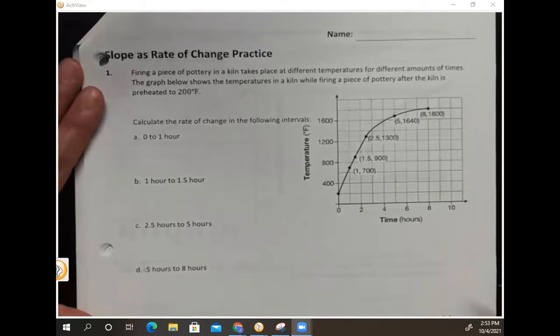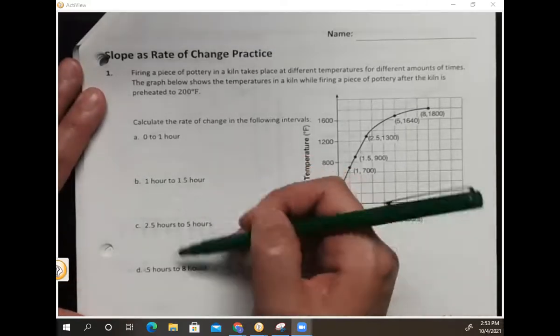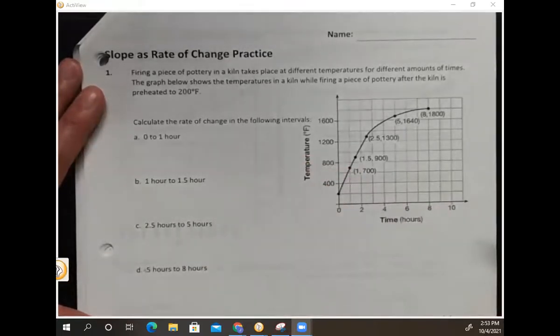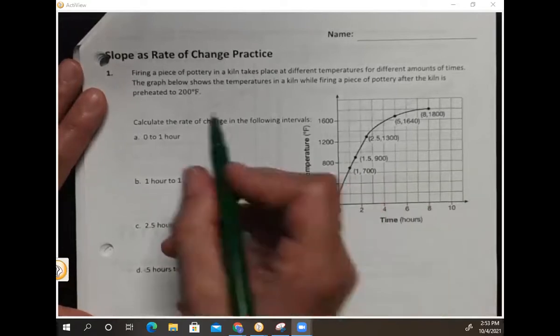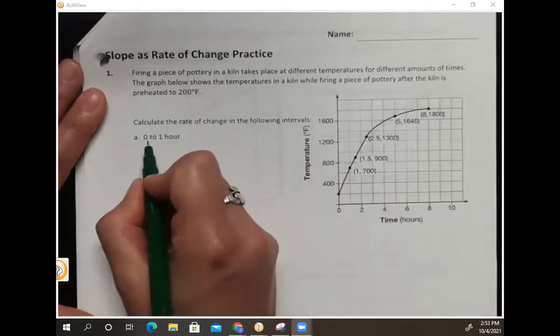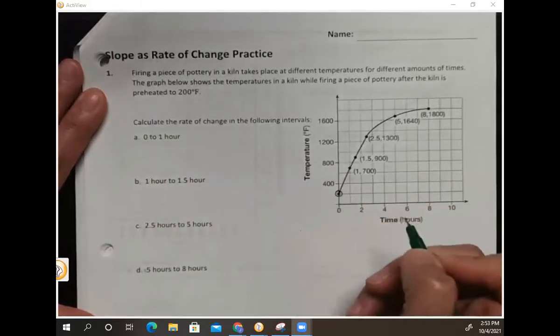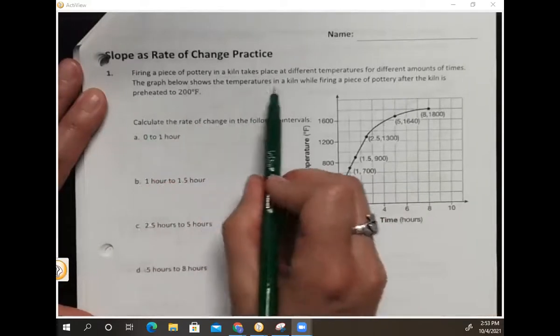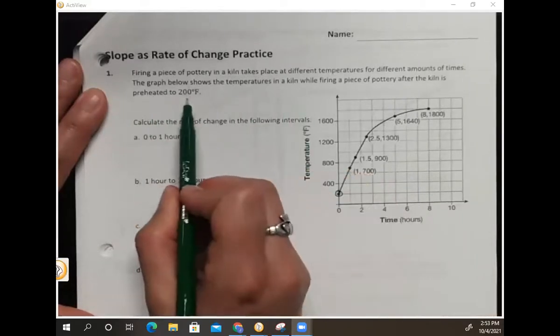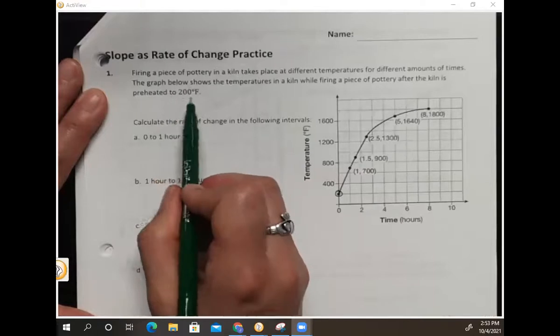So we're going to find the rate of change for the intervals that they describe here. And I want you to notice for this particular problem, we're not looking at 1 hour, 1 hour, 1 hour, 1 hour. That's okay. We treat it exactly the same way. So we're starting by finding the rate of change from hour 0 to hour 1. So hour 0 is right here. It tells me my kiln is preheated to 200.